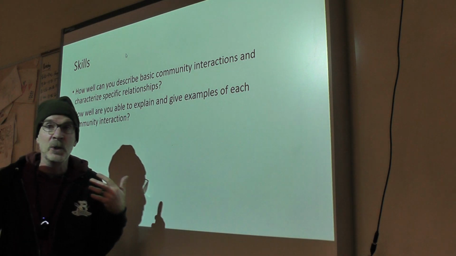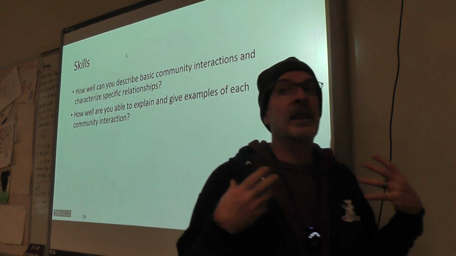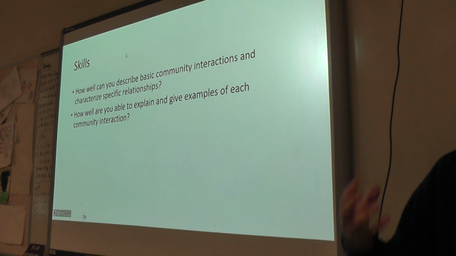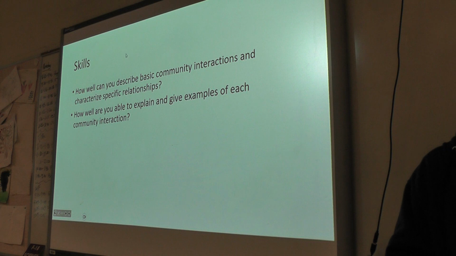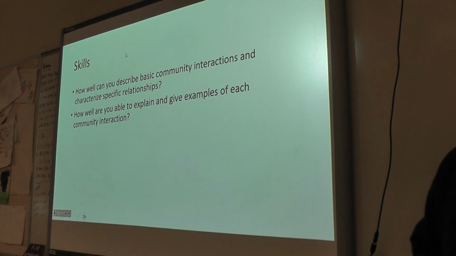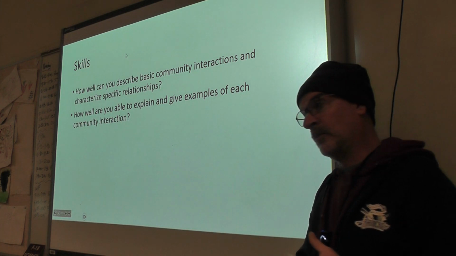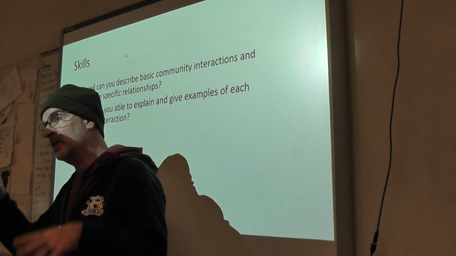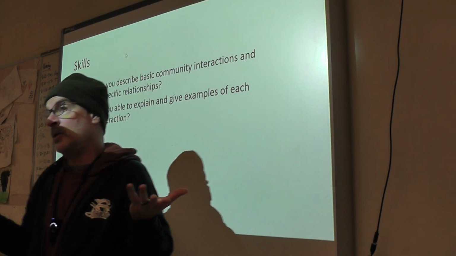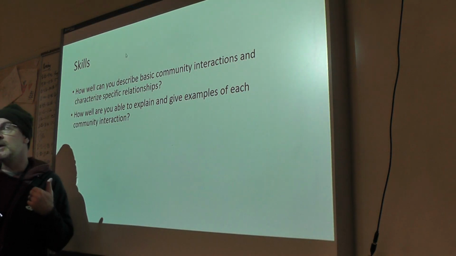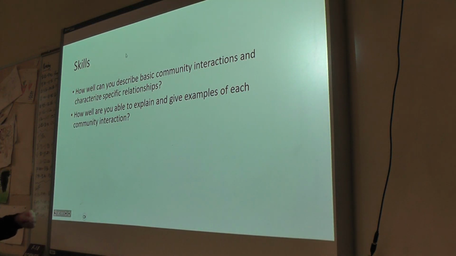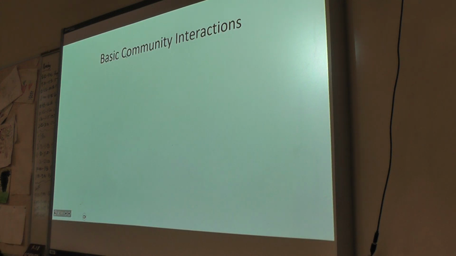So if you know mutualism is the kind of interaction where two organisms work together symbiotically and they both benefit, and you can't think of anything off the top of your head, you can make something up. There's a crazy organism called the snorks, and the snorks live with blah, blah, blah. You can make it up, and that will clearly convey that you understand the concept of a mutualistic symbiosis.